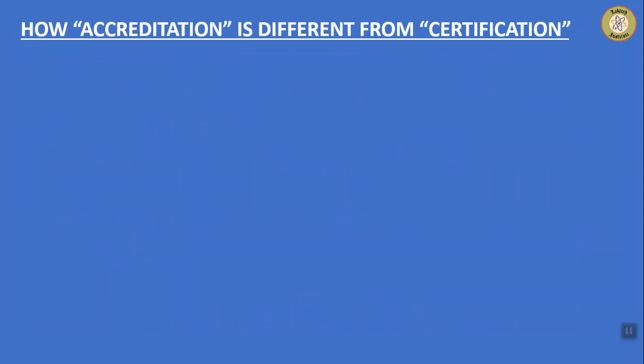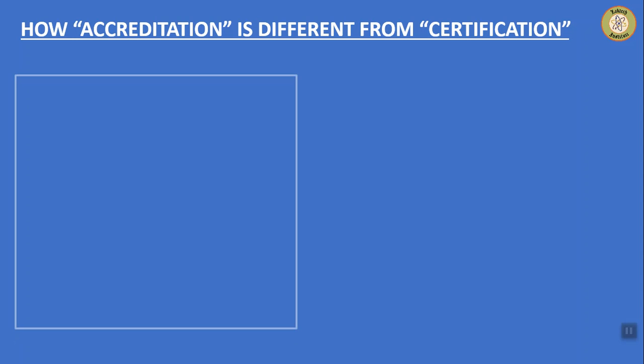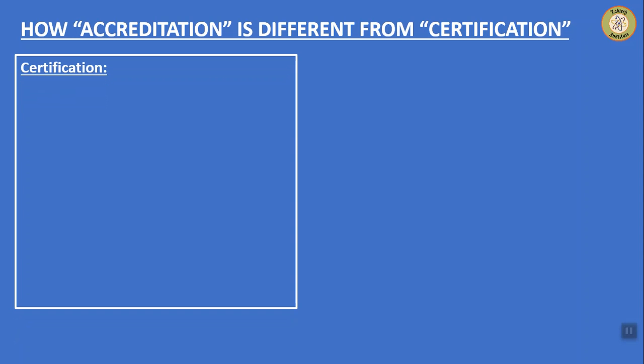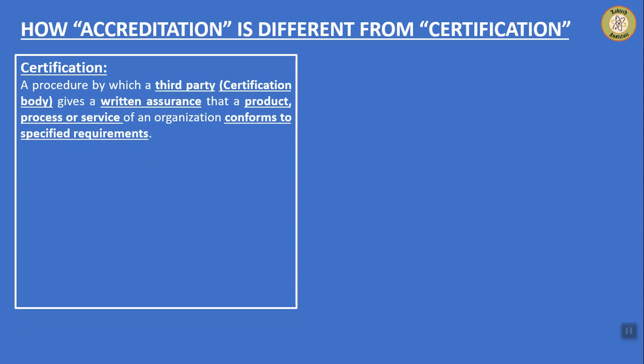Now, how accreditation is different from certification? We know a lot of certifications, ISO 9001, 14001, 45001, like that. So how accreditation is different from these certifications? Well, certification, if we see, is a procedure by which a third party, that is certification body, gives a written assurance that a product, process or service of an organization conforms to specified requirements.